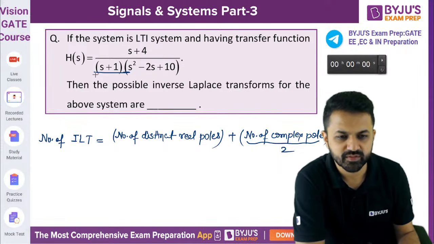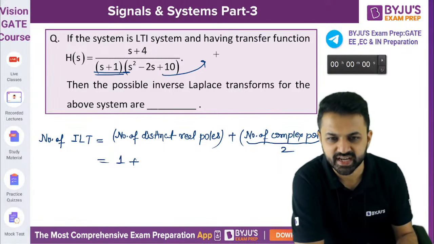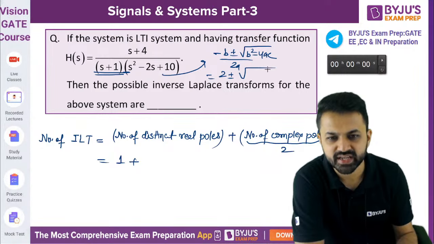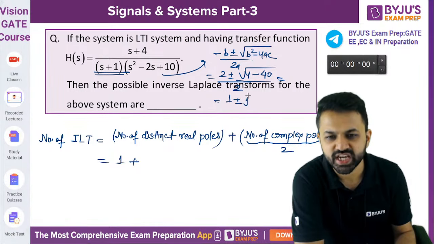So here the number of distinct pole is 1, and whether it is real or complex, let's check. So minus b plus minus root of b square minus 4ac divided by 2a. So 2 plus minus root of 4 minus 40. So it is giving you the imaginary term. So minus, it is a plus 1, 1 plus minus j 3.